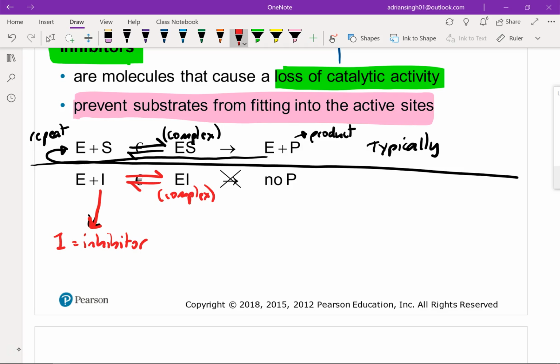And as long as that inhibitor stays bound, it prevents the substrate from binding. And if the substrate cannot bind to the enzyme, well, guess what? No product can be made, because the only way you can make a product is if you have your substrate and enzyme bound together. So that's generally how your inhibitors are going to work.